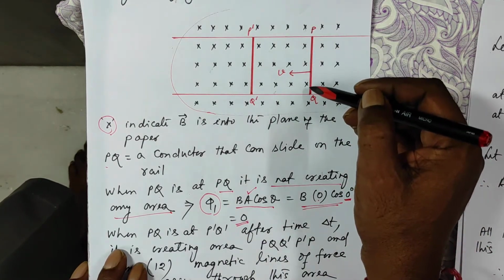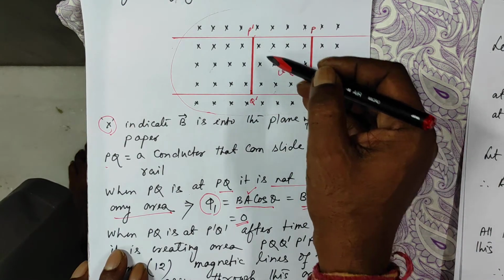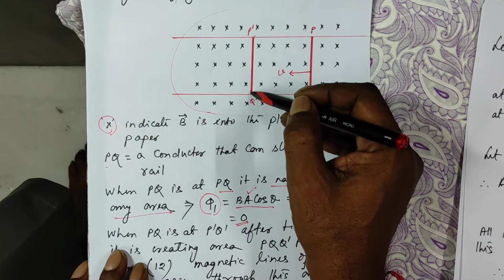Now PQ is at P dash Q dash. When it is moving with a velocity v, after some time delta t it arrives at P dash Q dash.